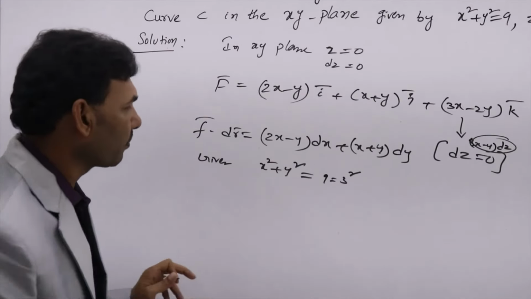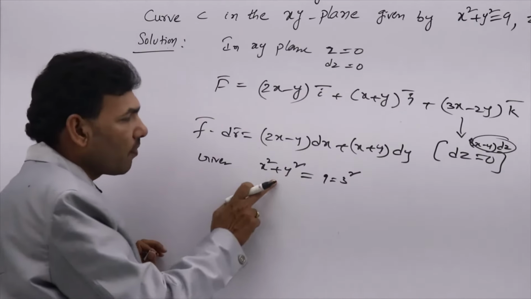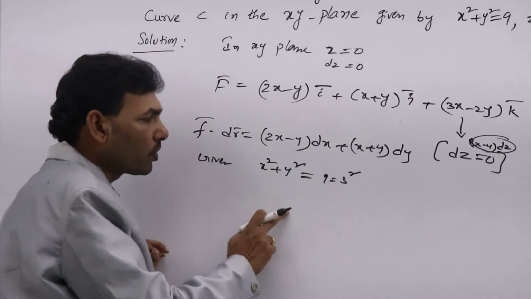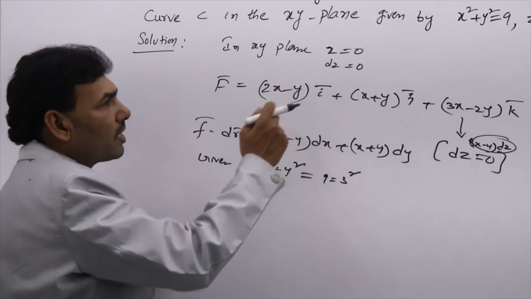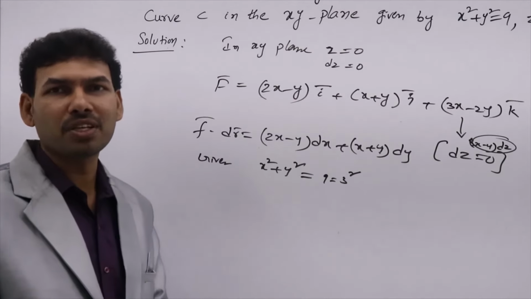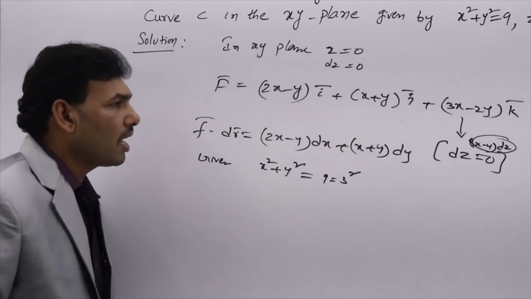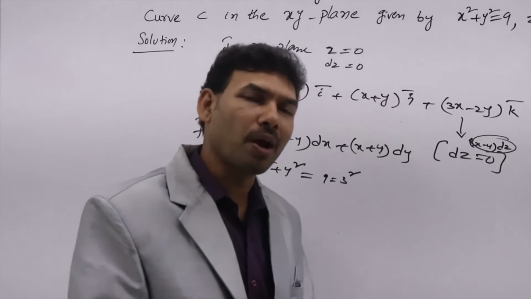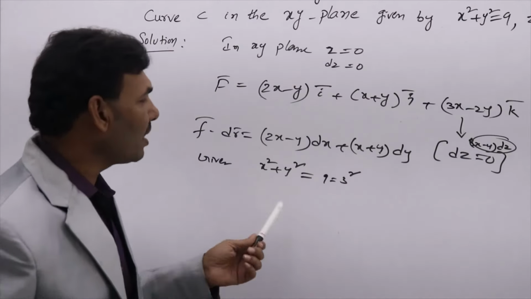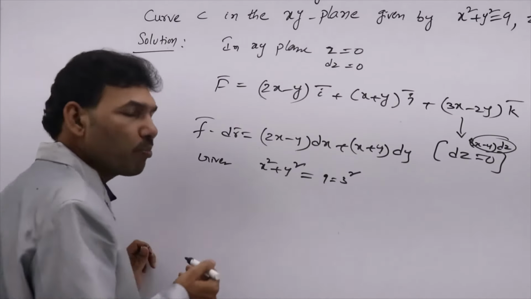Instead of writing y equal to root of 9 minus x square, converting the complete integral into a single variable, evaluating in polar form is easy. That's why we prefer polar form.